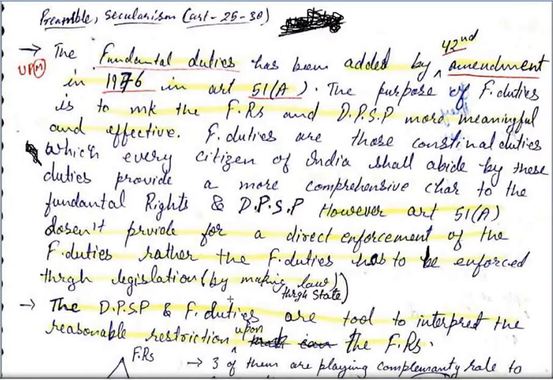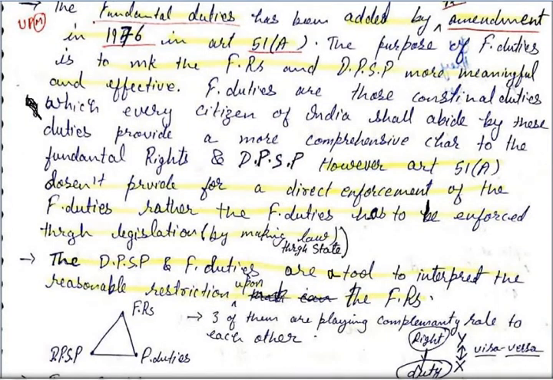So you have to understand that when fundamental duties are there, the State will make laws upon that, and that law will provide for the enforcement of that particular duty.